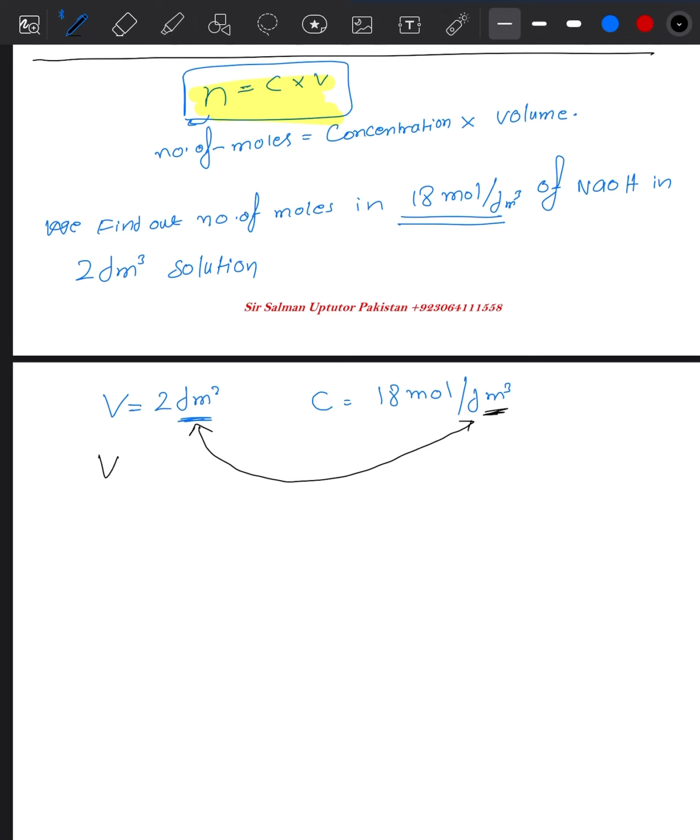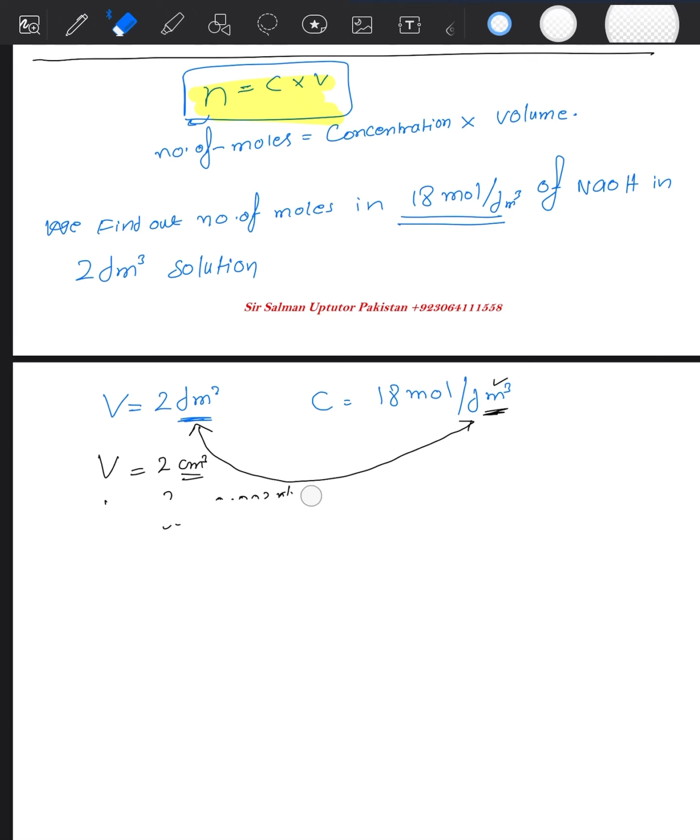Let's say the given volume is 20 centimeter cube, but in concentration we have decimeter cube, so I need to convert it into decimeter cube. So I will divide by 1000 to convert into decimeter cube. So this is how I convert from centimeter cube to decimeter cube.